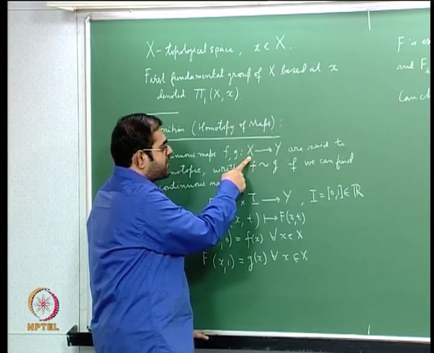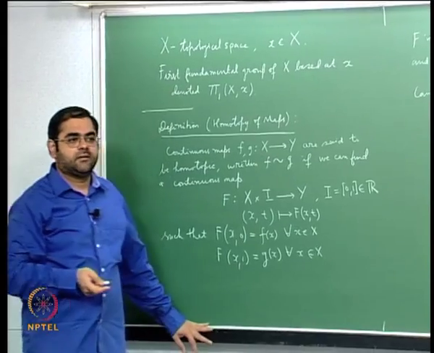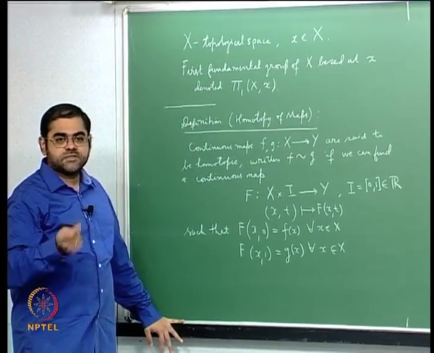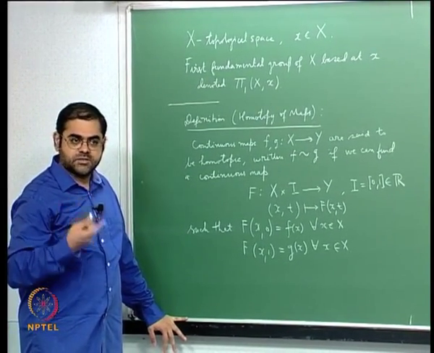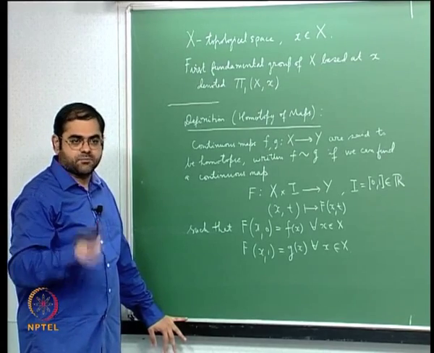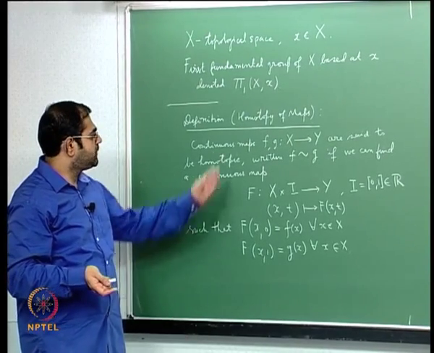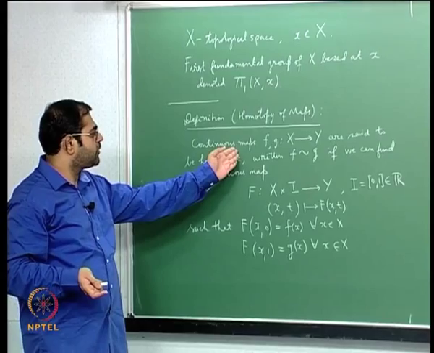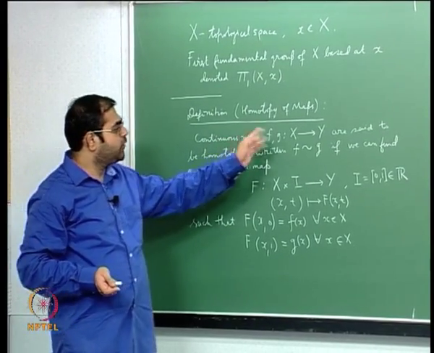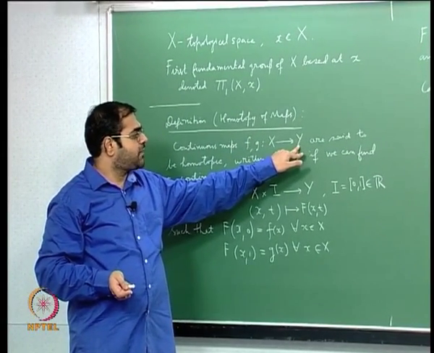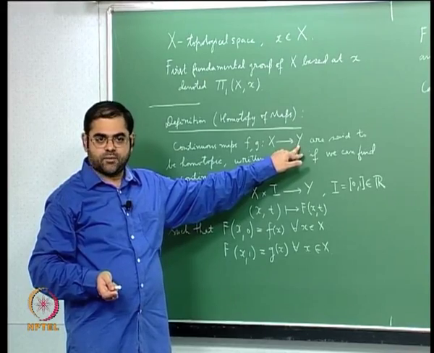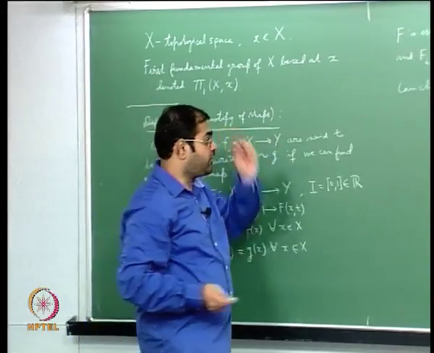And maps from I are going to be continuous images of the closed interval [0,1], and they will of course be paths. So as a special case of homotopy of maps, you are going to get homotopy of paths in a topological space. Okay, so that is what I am going to go to next.